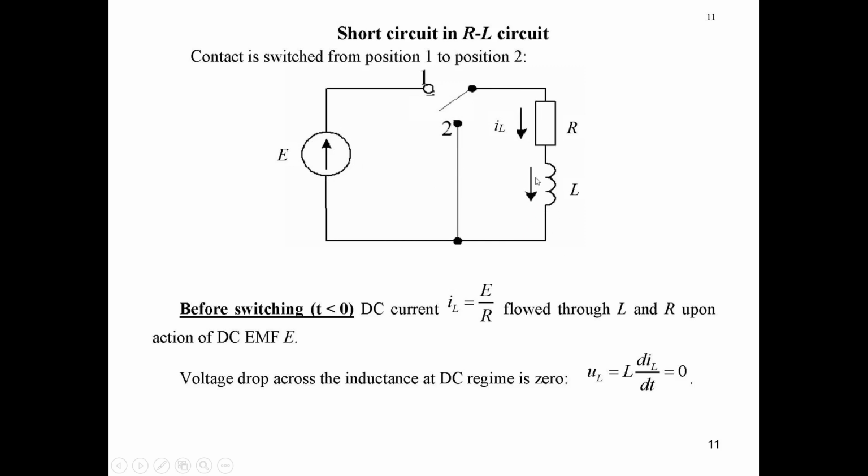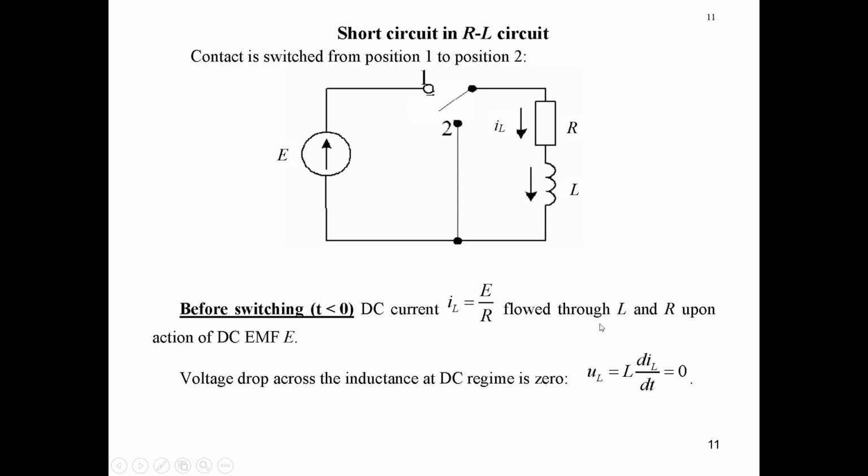It is necessary for us to determine the current at the moment just before commutation. At the moment t less than 0, for such a schematic, it was equal to E over R, because voltage drop across inductance in steady state DC process is equal to 0. It light short-circuited part of this schematic.